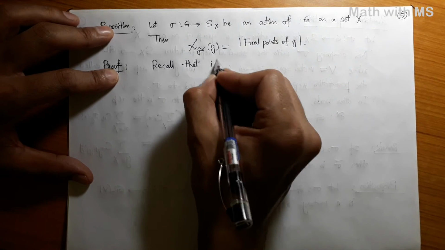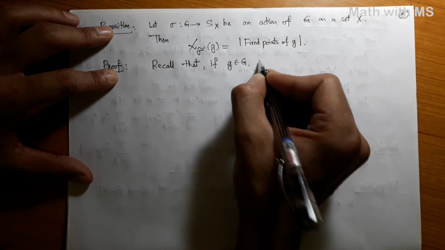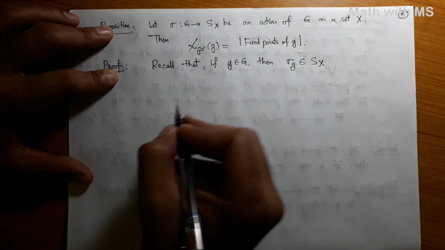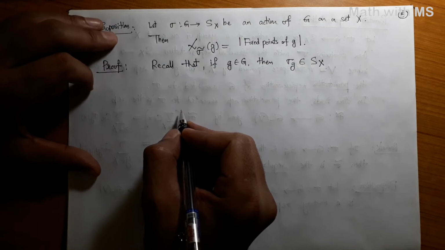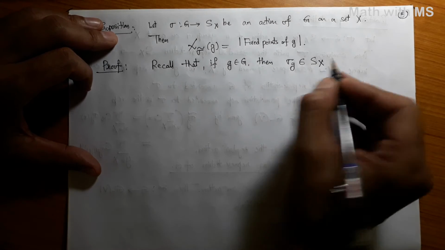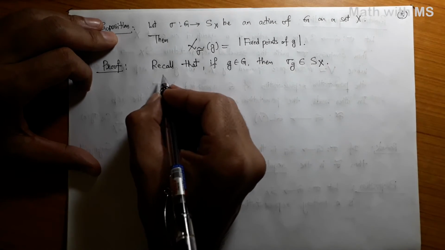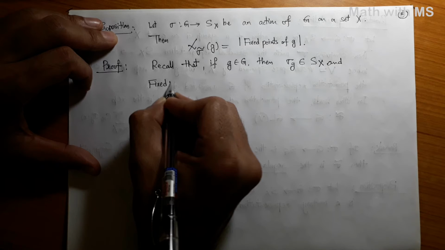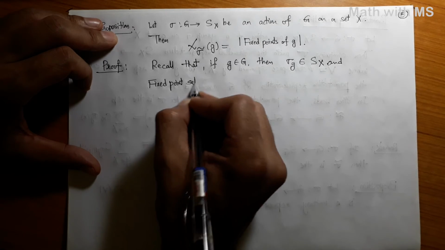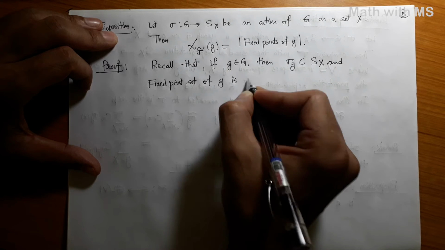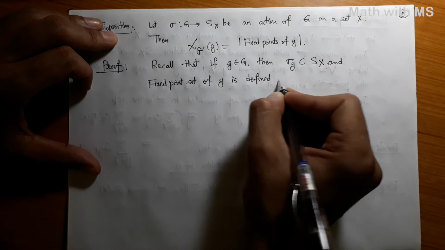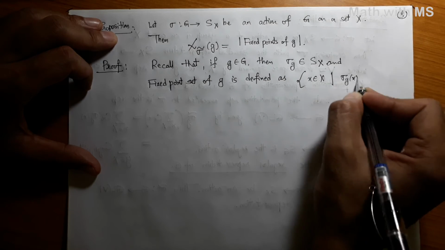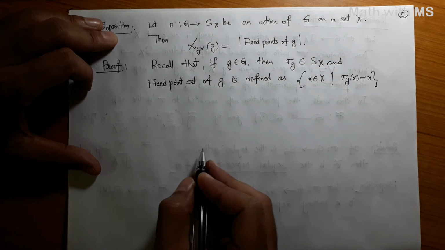Recall that if g belongs to group G, then sigma_g is in S_X, a permutation of X. This is a bijection of X. So one can talk about the fixed points of this, and the fixed point set of g is defined as all those x in X such that sigma_g of x is just x, the usual definition.